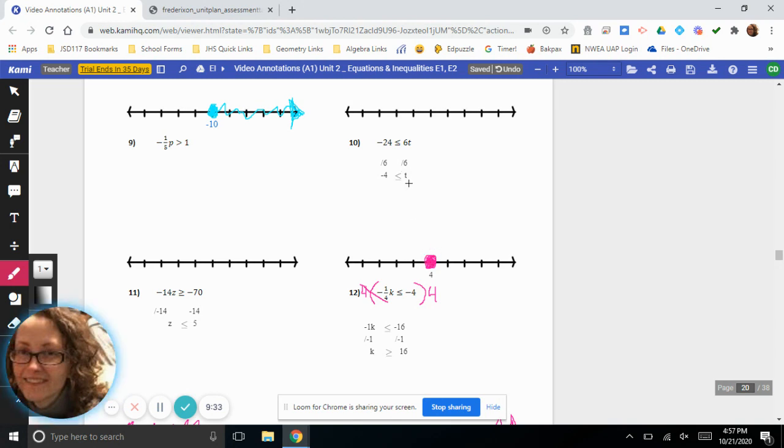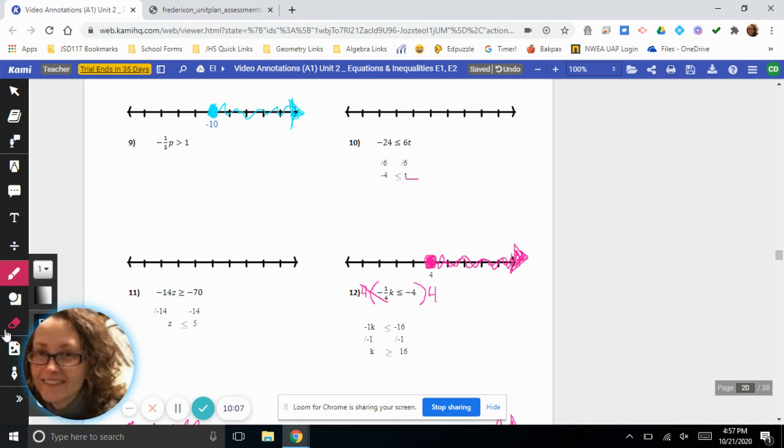And now here, I want to make sure that I read this inequality from the variable. That's really important. I want my variable, my answers, my t, to be greater than or equal to -4. So I'm actually going to shade this way to the right because this is where my greater thans are. So that is what happens if I end up with my variable on the opposite side than what we are used to.